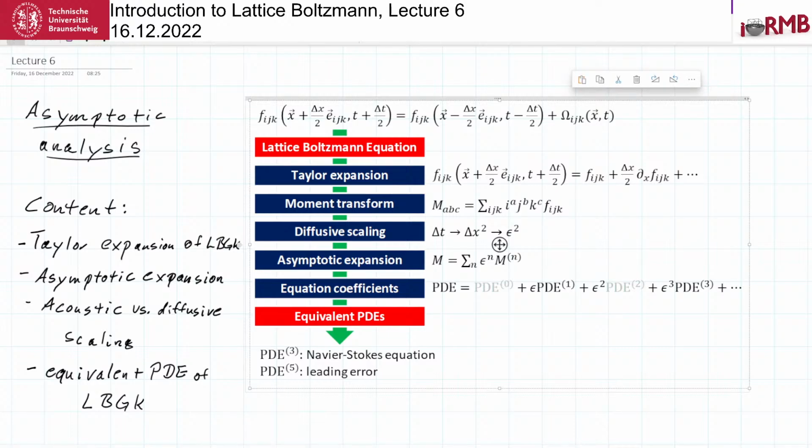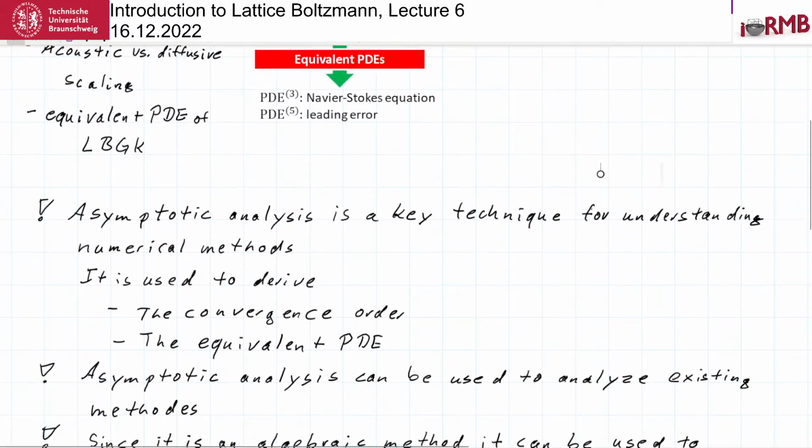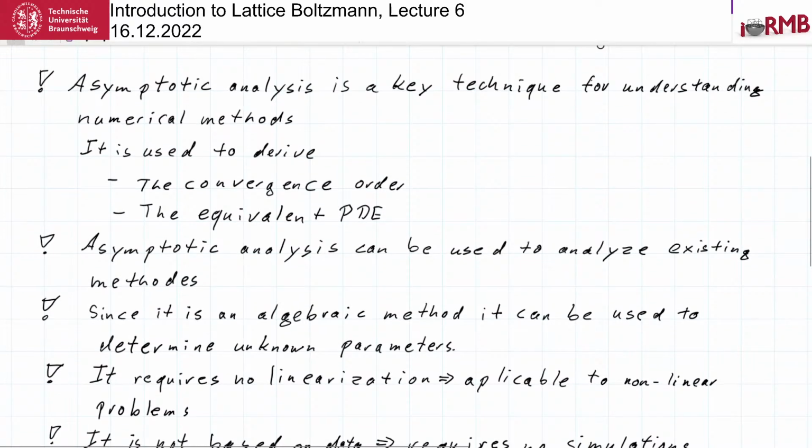Anybody still coming? No. Okay, then welcome to this lecture on asymptotic analysis, in which we will cover a lot of ground. I have here some text that is more for your notes, so I'm not going to read through all of this.